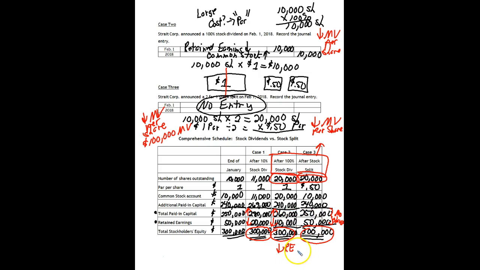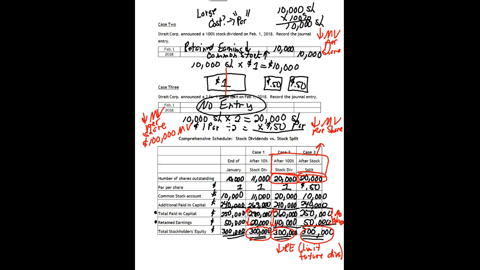Well, if I shrink my retained earnings, that allows me to limit the amount I can pay in future dividends. So if for some reason management wants to limit the amount of dividends they can pay in the future, they may opt to structure the transaction as a stock dividend instead of a stock split, if they want to accomplish this.